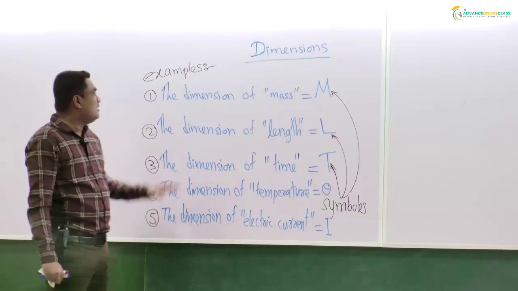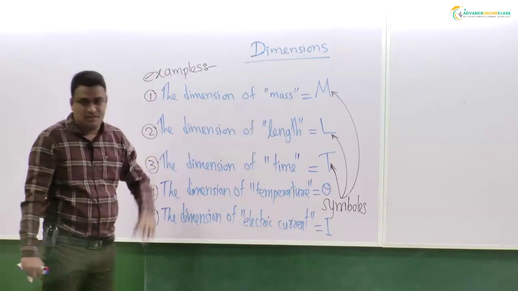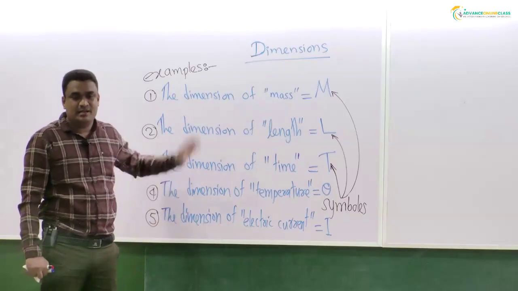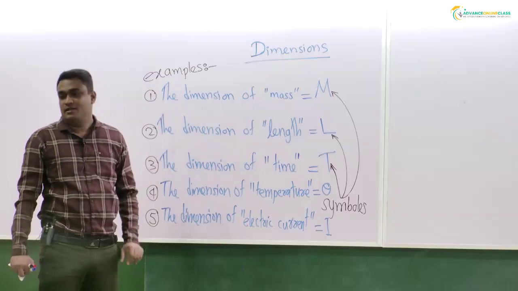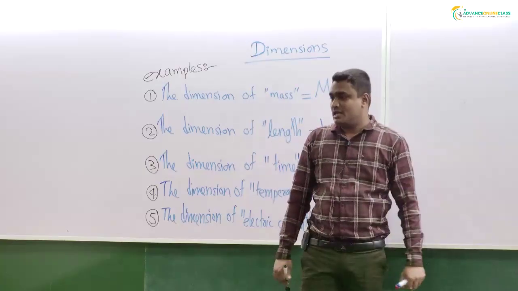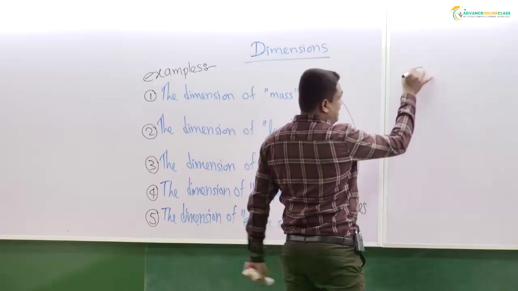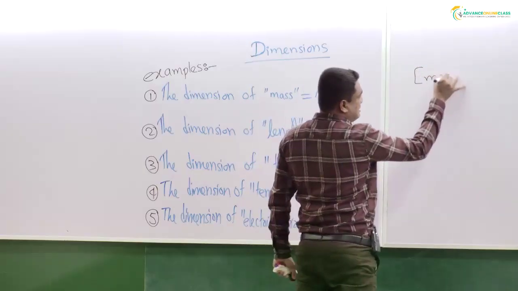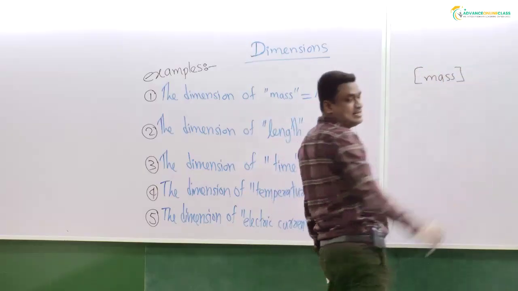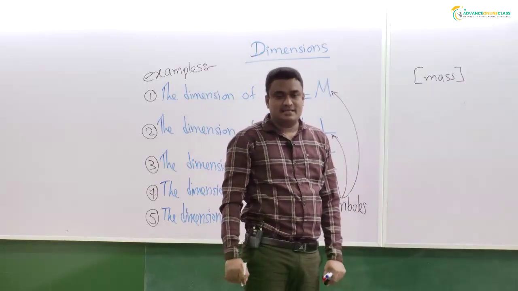Right. The problem is, it will be difficult to write "dimension of" every time. Therefore, we use a method to say dimension of. For example, if I want to say dimension of mass, I should write mass inside square brackets. What's the meaning of this, dear? Dimensions of mass.